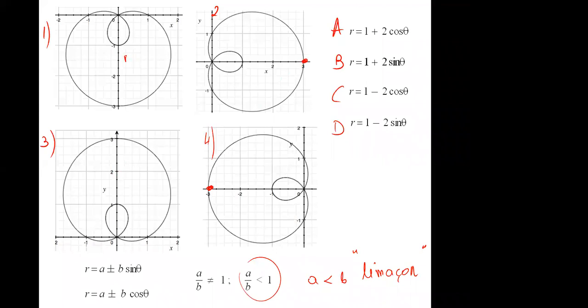That's when we just did this one, and this one was 1 minus 2 sine theta. This one will be 1 plus 2 sine theta. This one is 1, and because we have 3, that means this will be 1 plus 2 cosine theta, and this one is 1 minus 2 cosine theta.